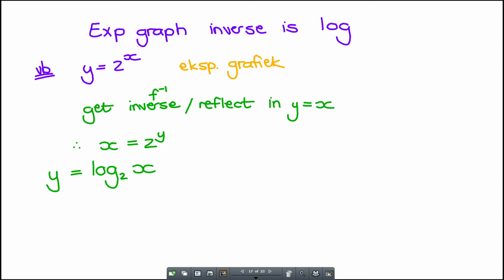They could also give you a graph and then ask you, is it a decreasing function or an increasing function? Who can tell me what an increasing function is? Yes, but in other words, as x gets bigger, y gets bigger.